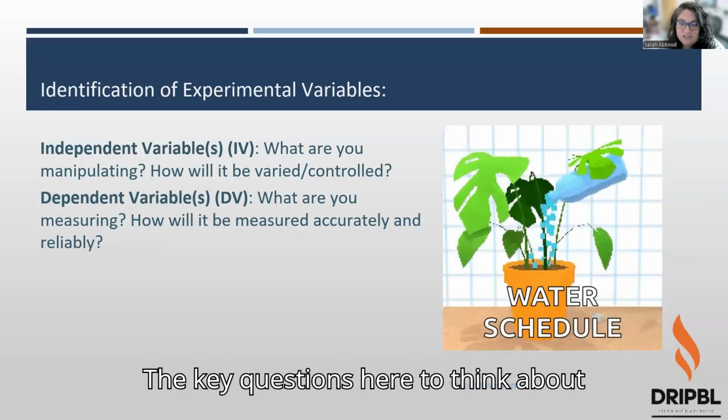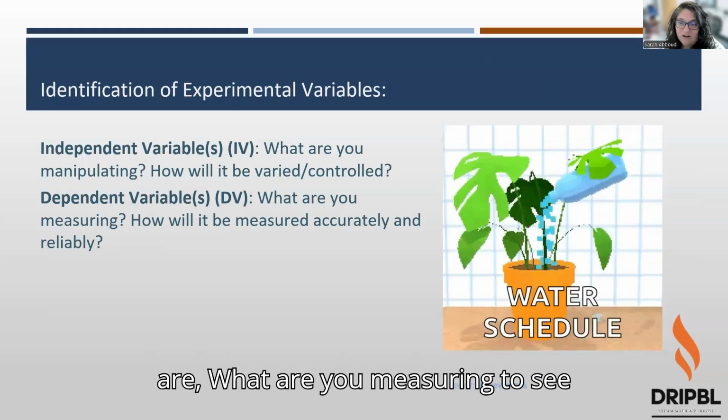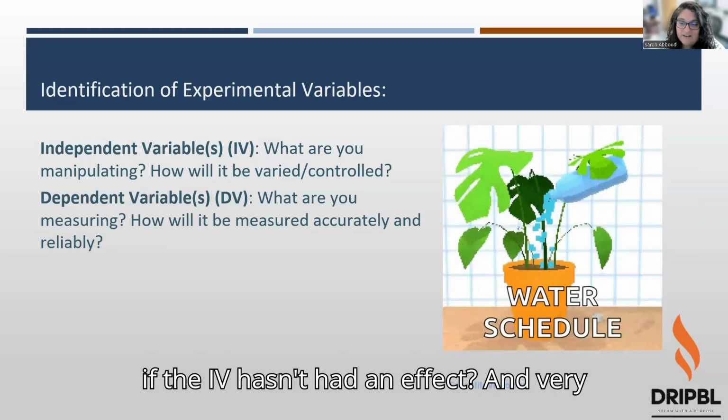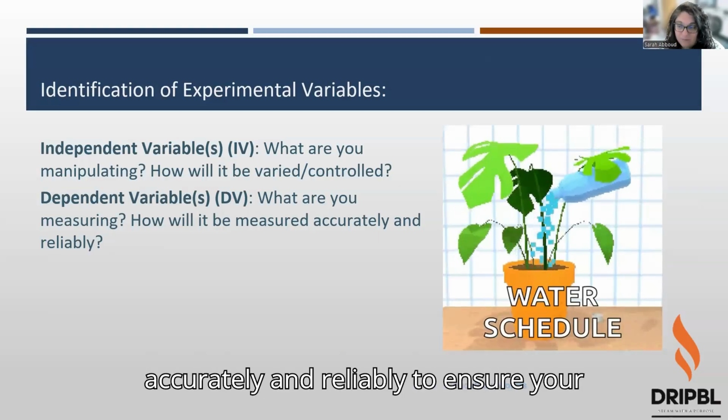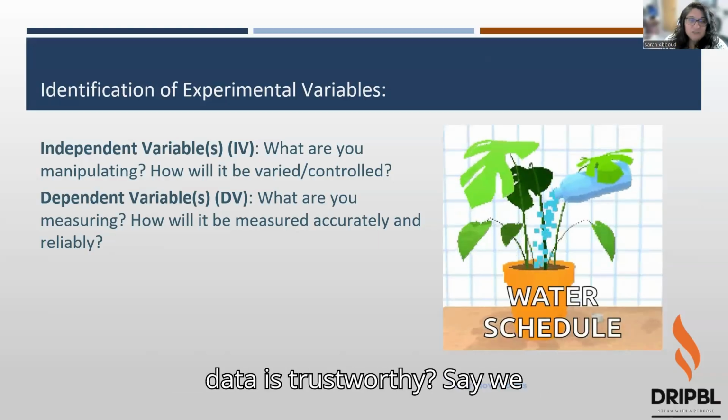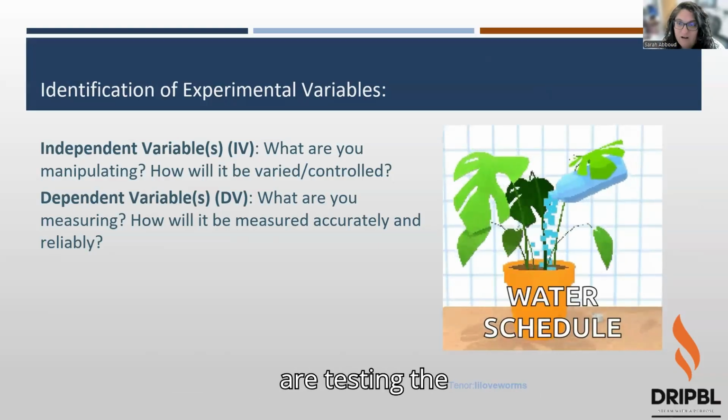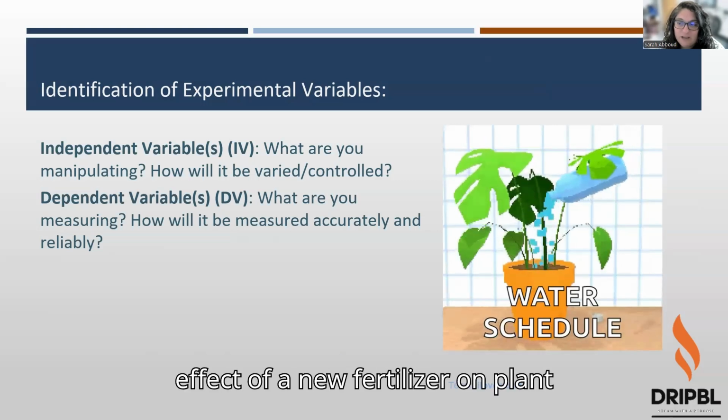The key questions here to think about are, what are you measuring to see if the IV has had an effect? And very importantly, how will this be measured accurately and reliably to ensure your data is trustworthy? Say we are testing the effect of a new fertilizer on plant growth.